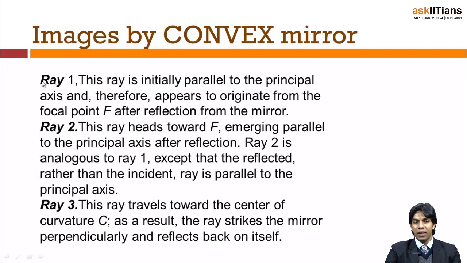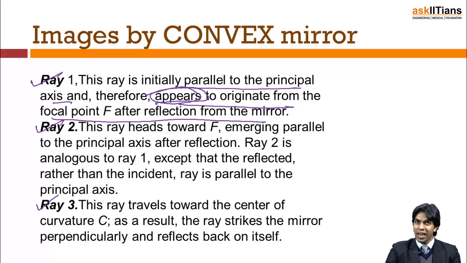Correspondingly, in the form of sentences, it's been written like this. A ray initially parallel to the principal axis appears to originate from the focal point after reflection from the mirror. It appears, please mark this word, it appears.